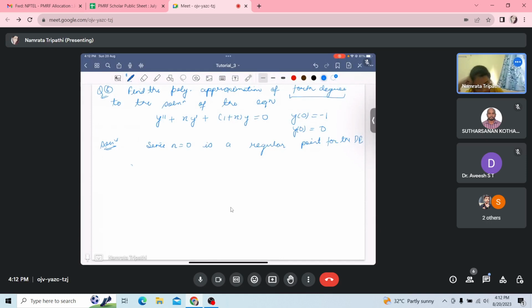So suppose, since we have to approximate to fourth order, we take n varying from 0 to 4, that is a fourth degree polynomial. From my initial condition, C0 will give -1 and C1 will give 0.